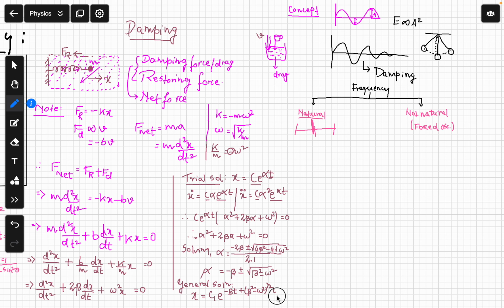So this is one part of the solution plus c2 e to the power minus of beta t minus beta square minus omega square whole thing to the power half into t. So this is what we call the general solution.